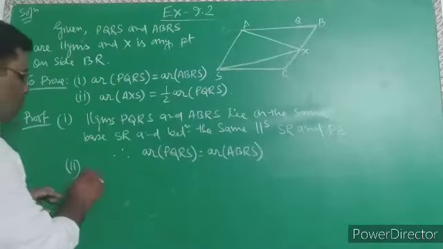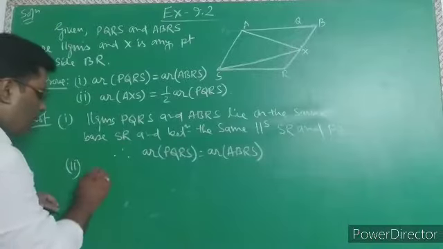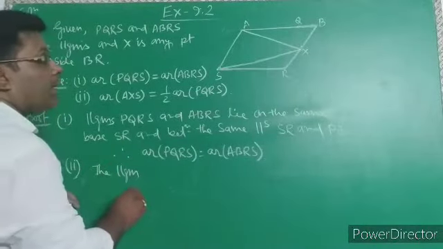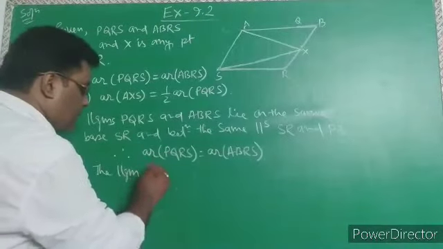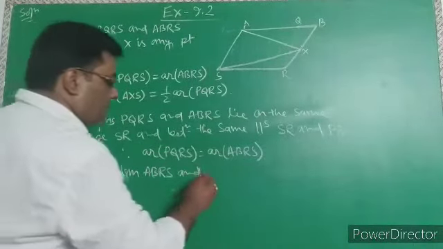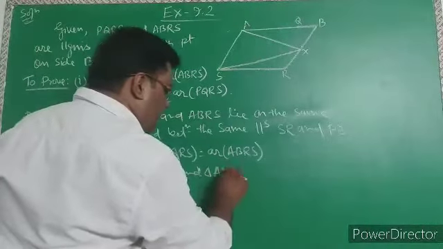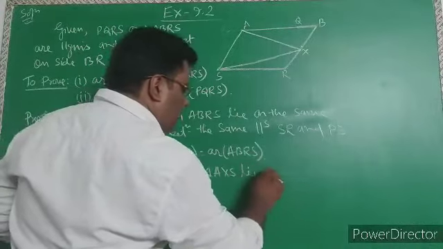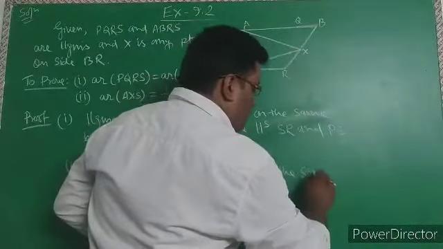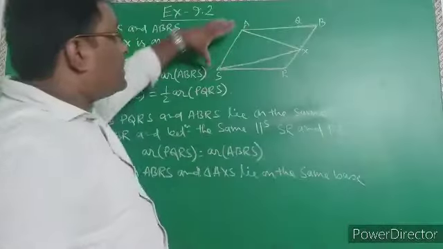So number 2: the parallelogram ABRS and triangle AXS lie on the same base, which is the same base?